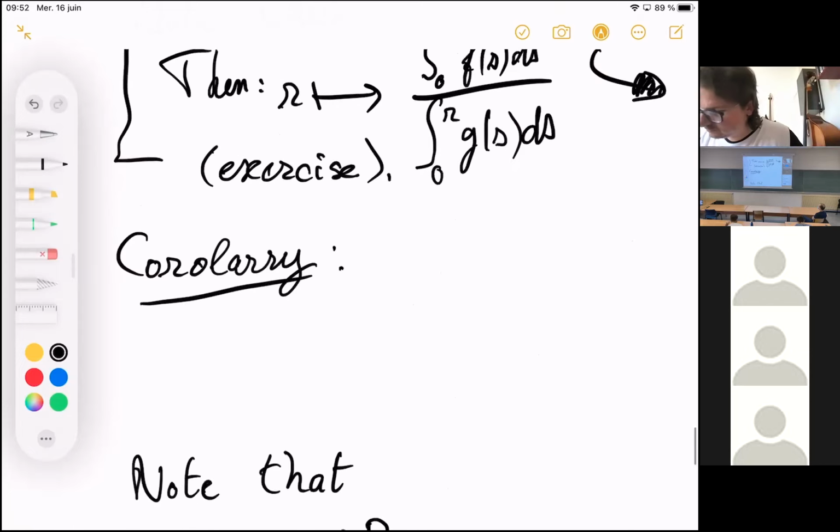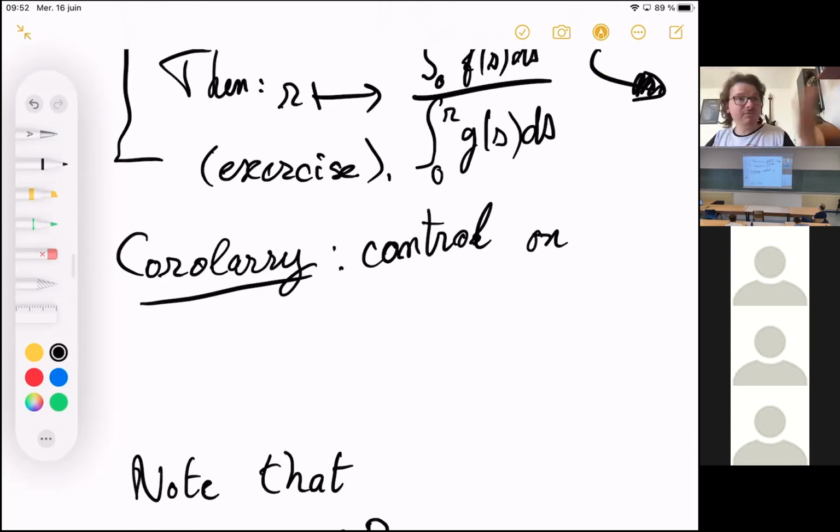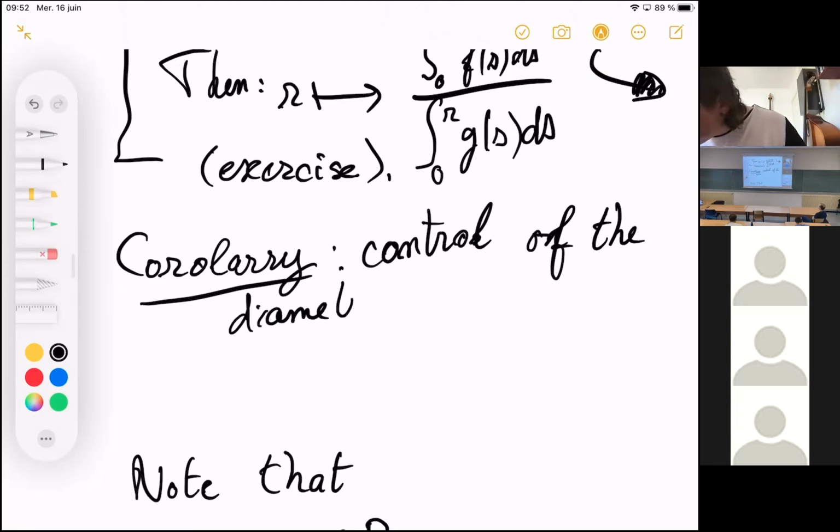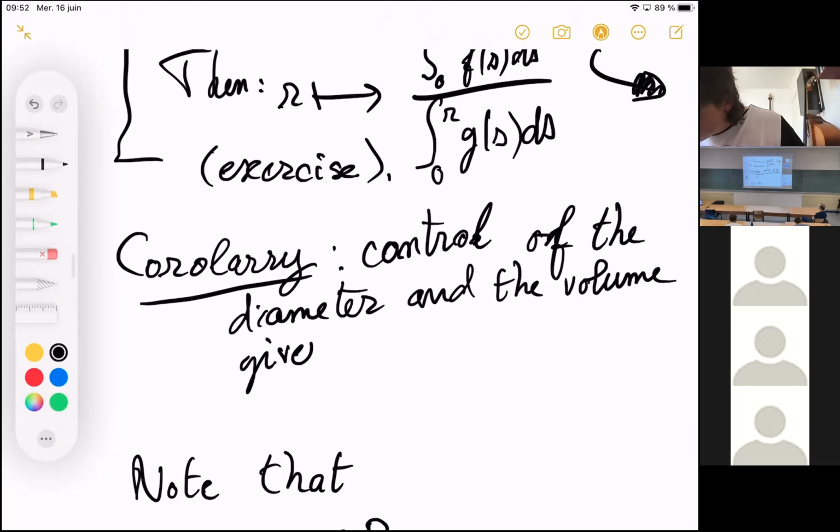So the corollary is that, given a lower bound on the Ricci curvature, control of the diameter and the volume gives a control on the volume of small balls.